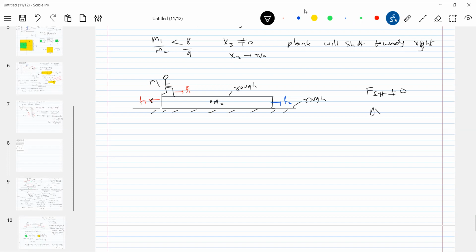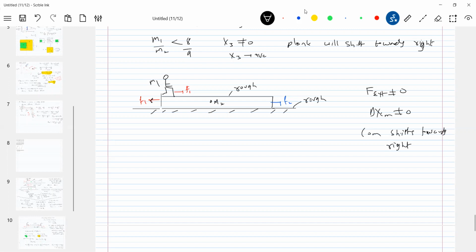Tell me what will happen to delta x of the center of mass. It will be non-zero. The center of mass shifts towards right. On what basis are you saying that, sir? Because of the center of mass motion. Initially, the person and plank are at rest, and the person starts walking.